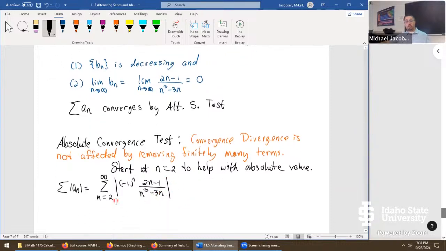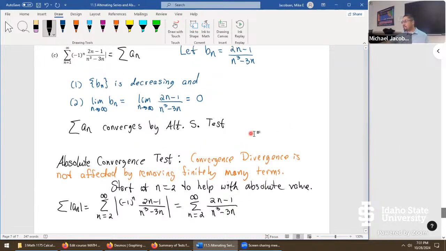So starting at 2 means the absolute values don't affect any of these terms. They're always positive. The only thing that's affected is right here. It's just going to eliminate it. So we get a new summation going from 2 to infinity of 2n minus 1 divided by n cubed minus 3n. So that's our new series to analyze. Any questions or comments to this stage?